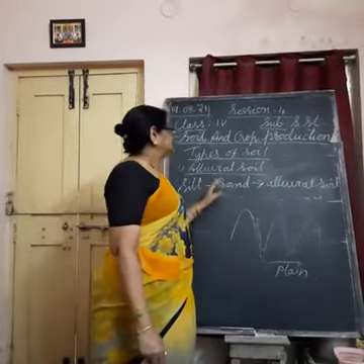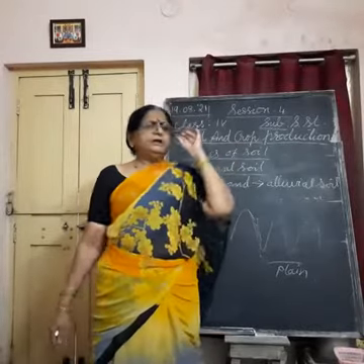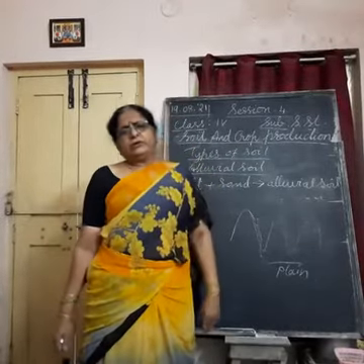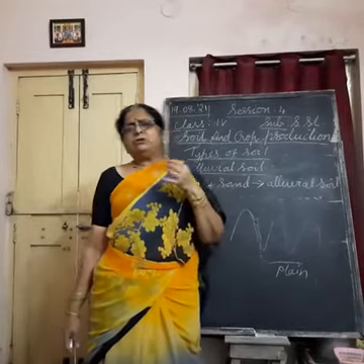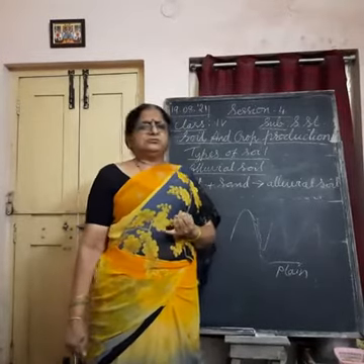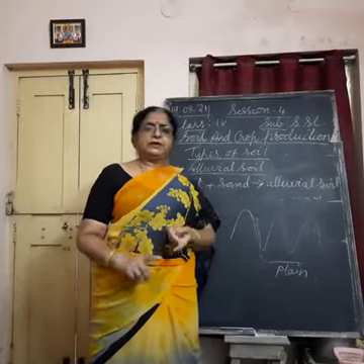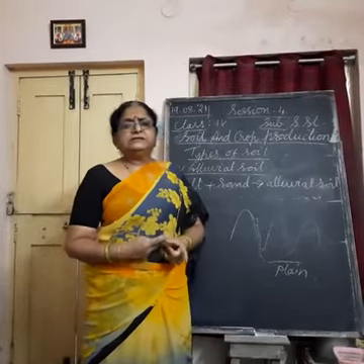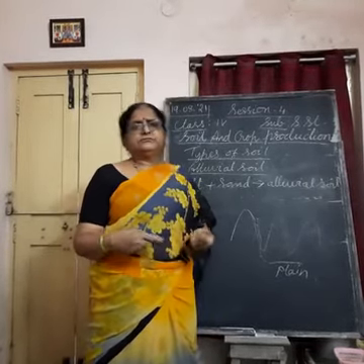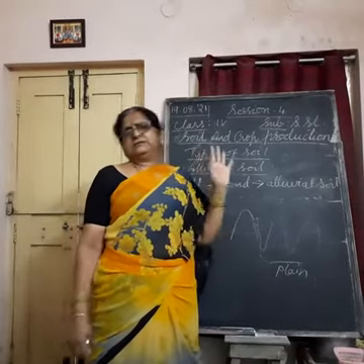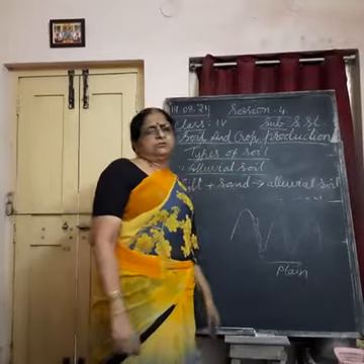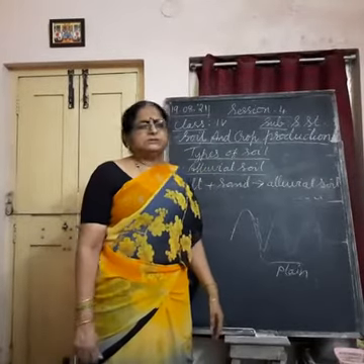So these places are very fertile and very good for growing crops. In this alluvial soil, almost all types of crops are grown, like rice, wheat, sugarcane, cotton, pulses, fruits, vegetables, jute, etc.